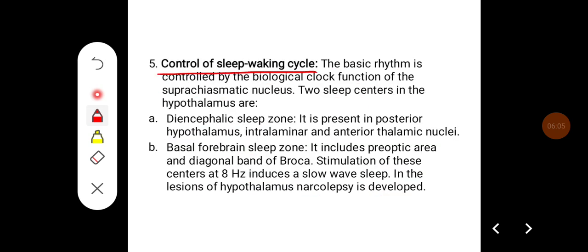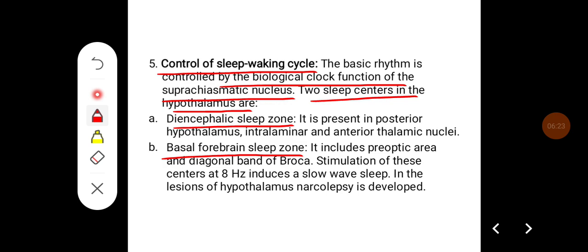Control of sleep-waking cycle. The basic rhythm is controlled by the biological clock, the function of the suprachiasmatic nucleus. Two sleep centers in the hypothalamus are recognized: the diencephalic sleep zone and the basal forebrain sleep zone.